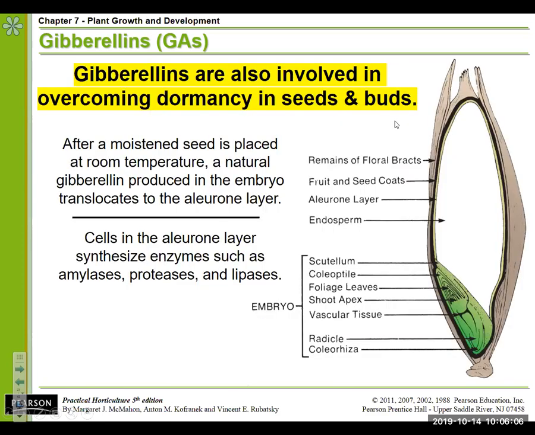Gibberellins are also important because they are involved in overcoming dormancy in seeds and buds.